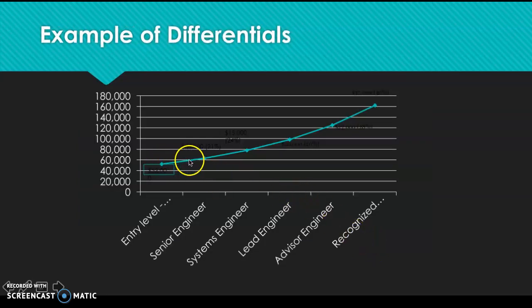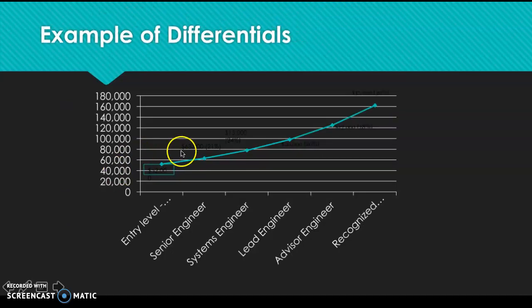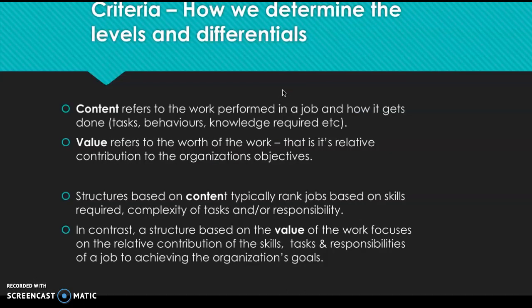Some organizations are quite cool with this curve, meaning that they expect that there's a bigger differential as you go up in the organization. But some organizations may want a curve looking like that, meaning that there's the same amount of differential between the positions. That's just a call, that's just the determination of the organization.